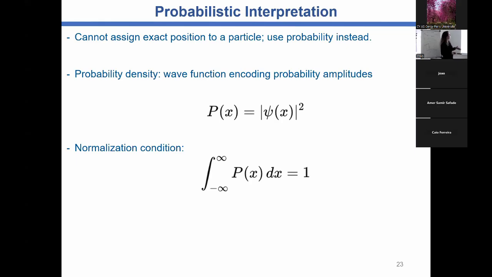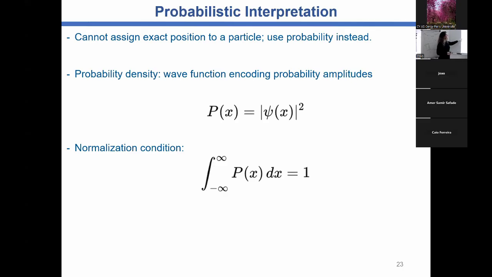So the probability will be given by this equation, where we have the wave function in terms of the position. So the probability will be the density of the wave function here.